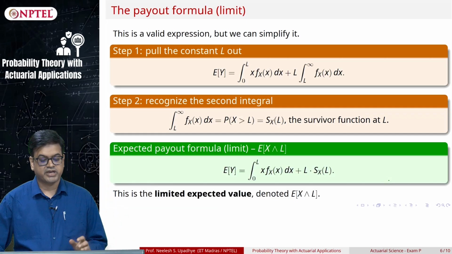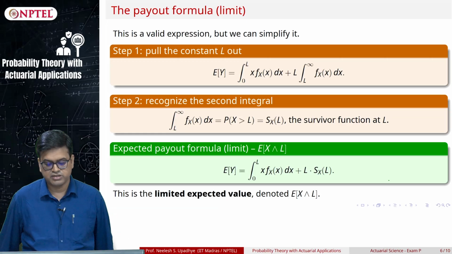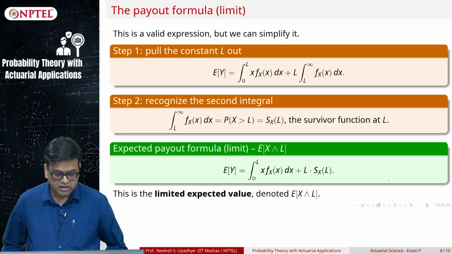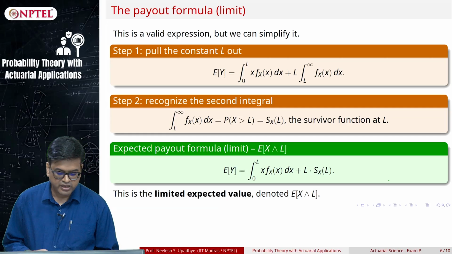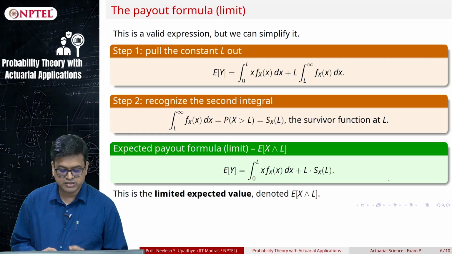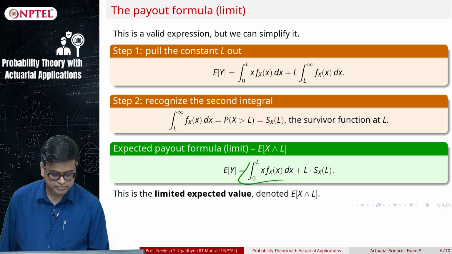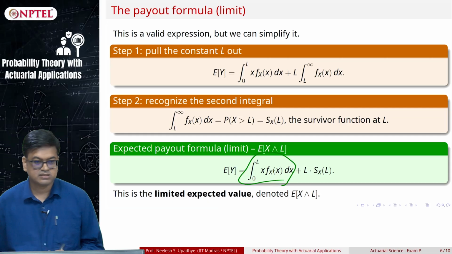So, your expected payout formula, where this wedge denotes the minimum of X and L, gives the expected value of Y through this formula. But wait, there may be a simpler shortcut, because this x f(x) is still difficult to calculate in some cases, right.